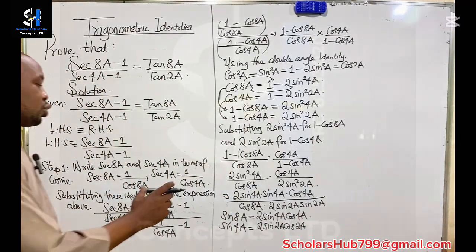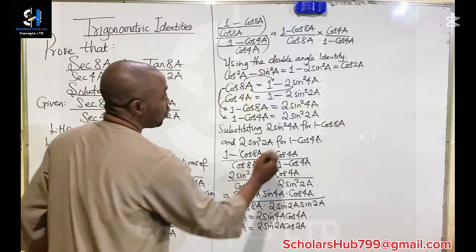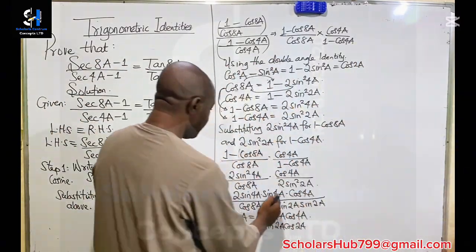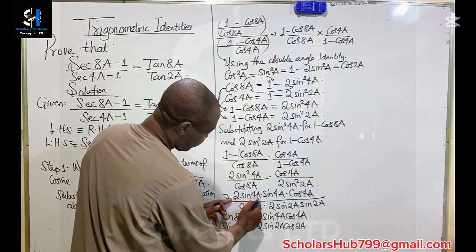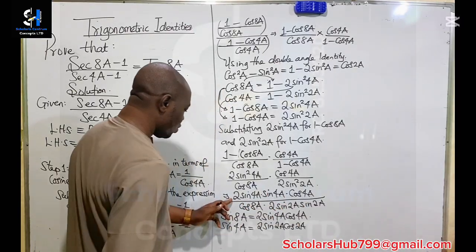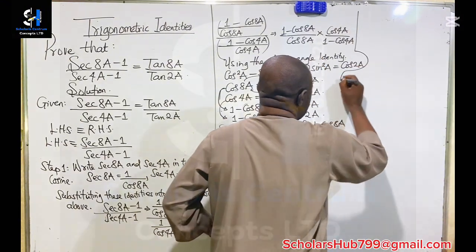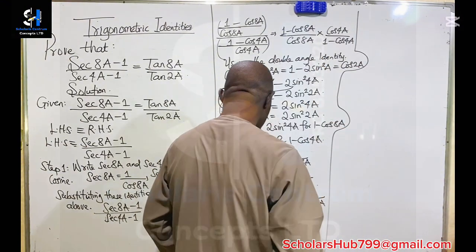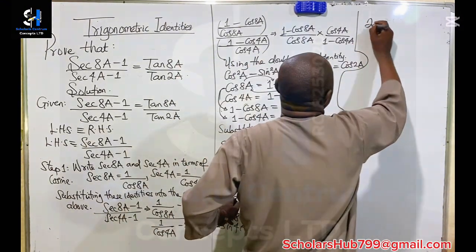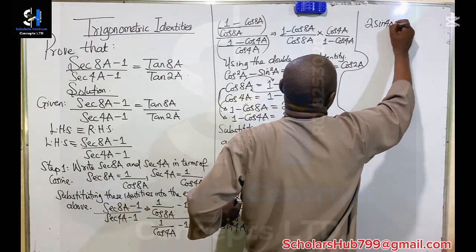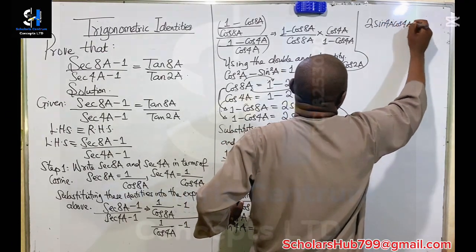Now, which means we're going to combine 2 sine 4a and cos 4a. That will be equal to sine 8a. So in the numerator we can rewrite that as 2 sine 4a cos 4a.